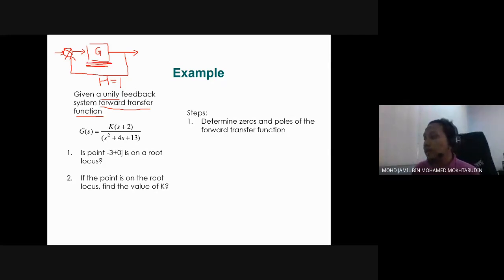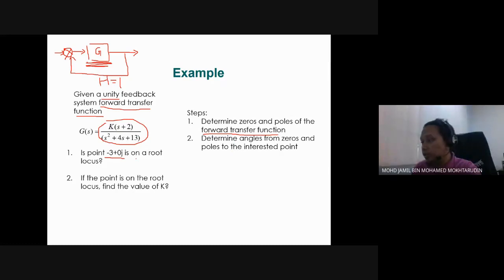So for unity feedback, to determine the zeros and poles, you only need to determine the zeros and poles of the forward transfer function. You need to find the zeros and poles of this only. And then you determine the angle from the zeros and poles to this point. Next, determine the length of the vector from the zeros and poles to this point.